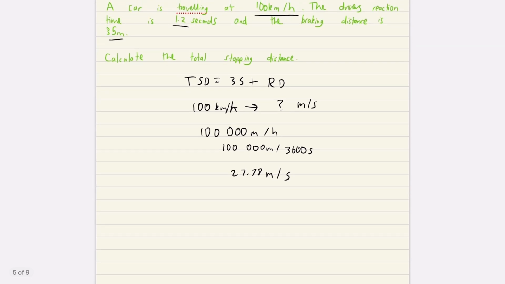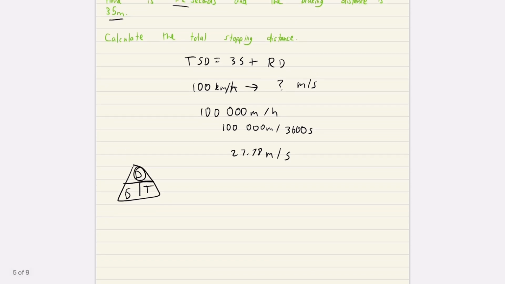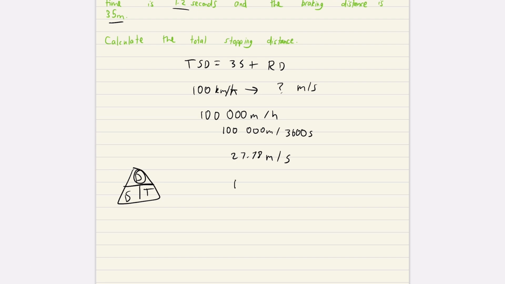So in 1.2 seconds, how far will the car travel? Well, we want distance. So if we use our distance, speed, and time triangle, what we want to find is distance. So we cover that one up, and what we'll be left with is S and T at the bottom. So distance is equal to speed times time.